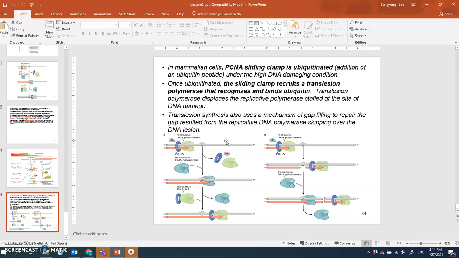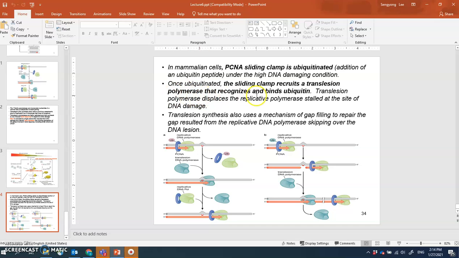Okay, the PCNA sliding clamp is ubiquitinated under these conditions. You see that ubiquitin is added to the PCNA sliding clamp. It's ubiquitination, the addition of ubiquitin peptide. That happens under highly DNA damaging conditions, like exposure to UV light. Once that is ubiquitinated, the sliding clamp recruits a translesion polymerase rather than a normal polymerase.